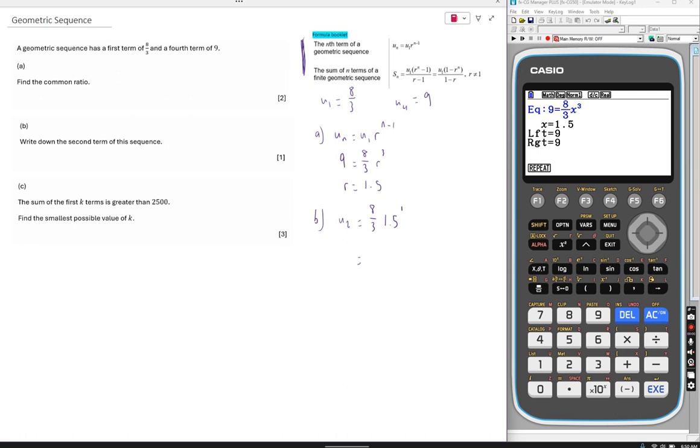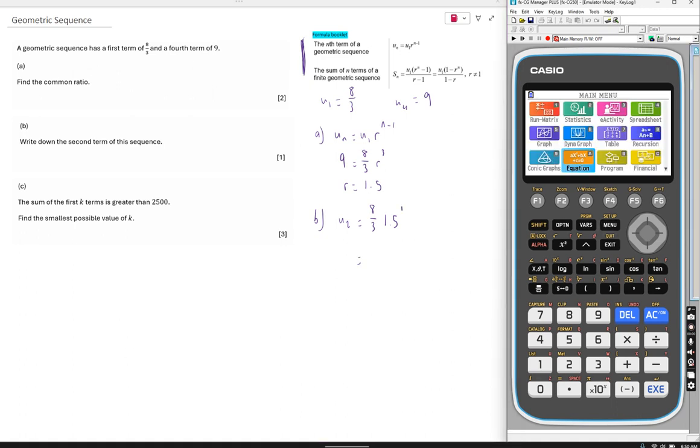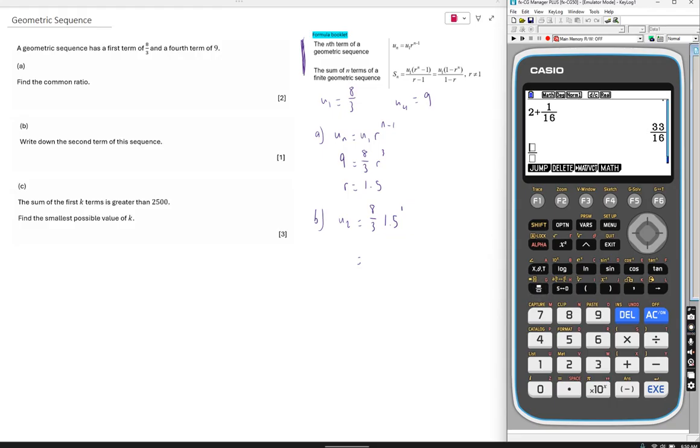So now let's get an answer for this. Four. This is only worth 1 mark, so you just get a correct answer of 4, but it is good habit to show all of your steps anyway.